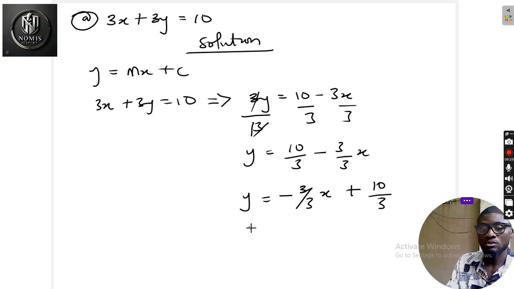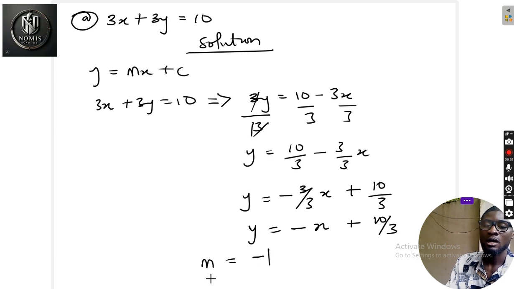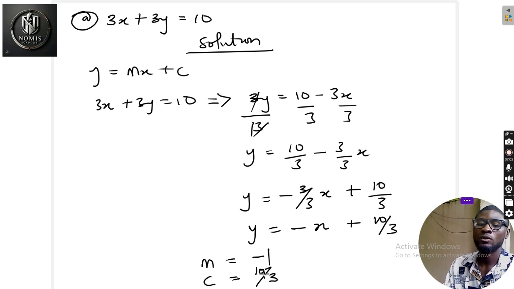So y equals minus 1x plus 10 all over 3. Therefore, m, the gradient, is equal to minus 1, and c, the intercept, is equal to 10 all over 3. Let's take the second one.